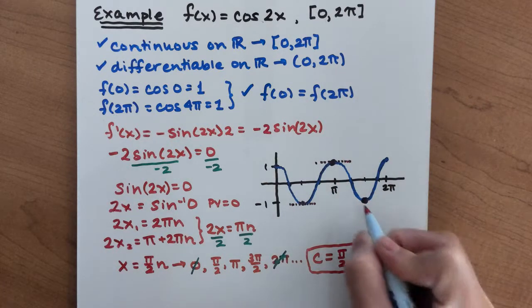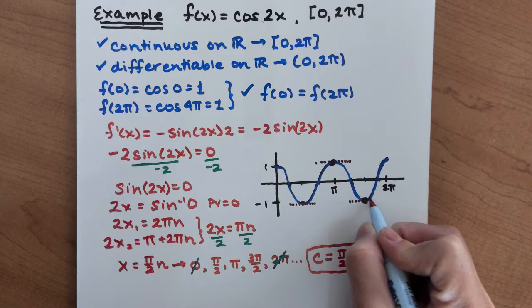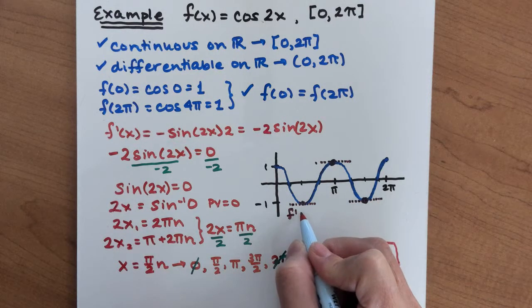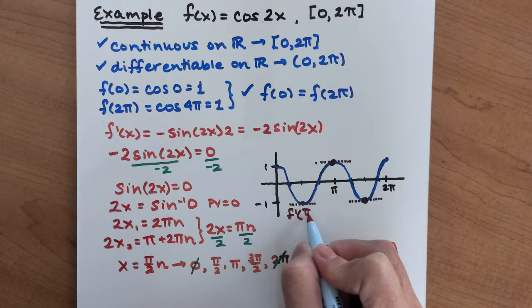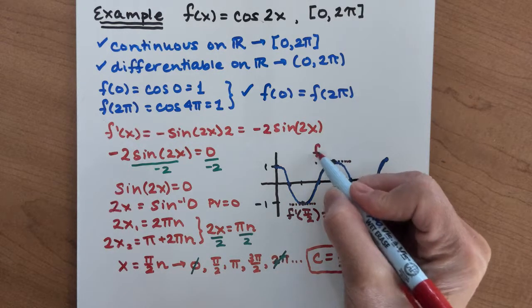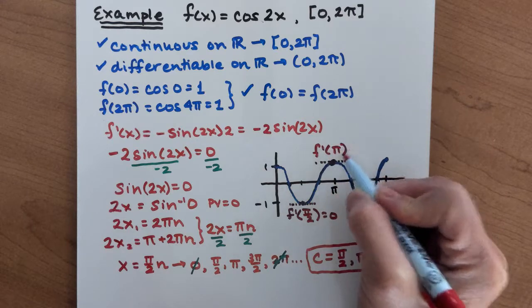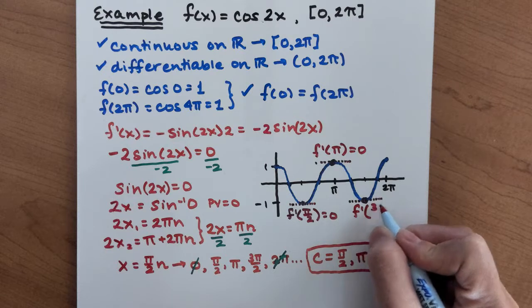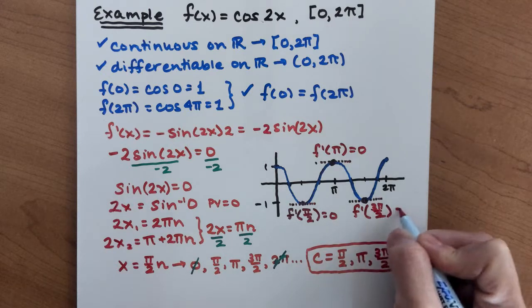And right here, 3 pi over 2, horizontal tangent line. So the derivative at pi over 2 equals 0. The derivative at pi equals 0. And the derivative at 3 pi over 2 equals 0.